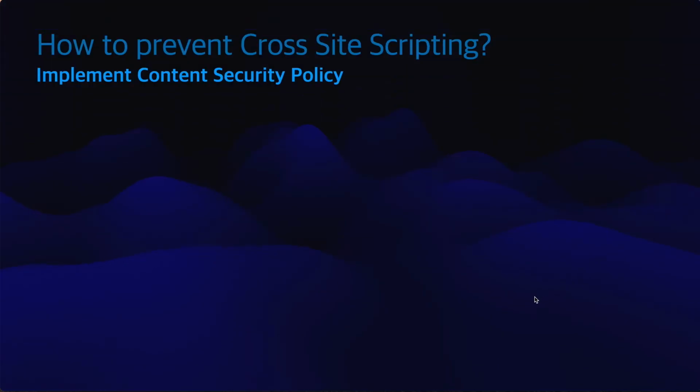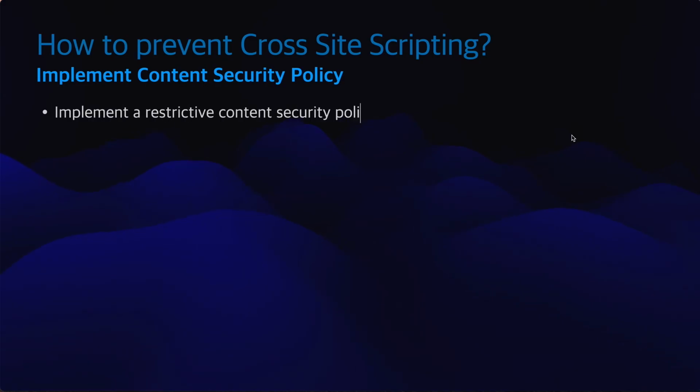So the third way, and the most difficult way for older applications to implement, is content security policy. And you should always implement a restrictive content security policy, because if you don't do that, it's just the same as not implementing content security policy.